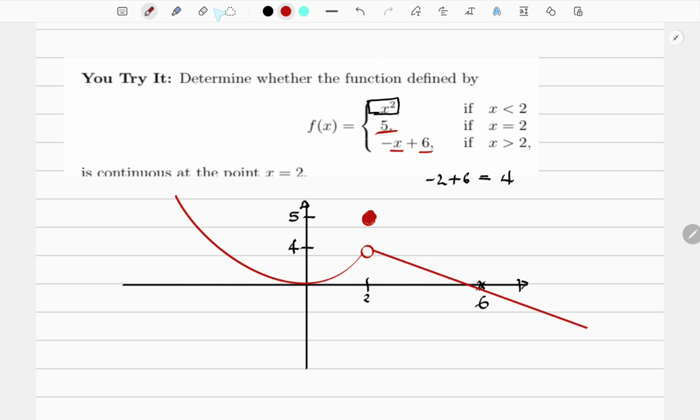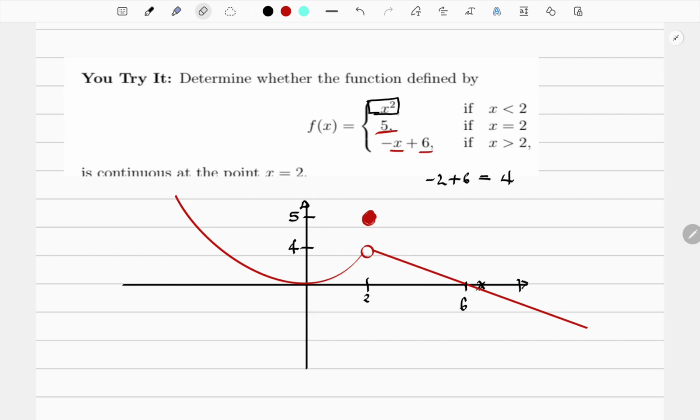Okay, that's how it looks like. So let me just shift my 6. Let's just pretend there is 6 here. 6 is there. Right, so that is how our graph looks like.